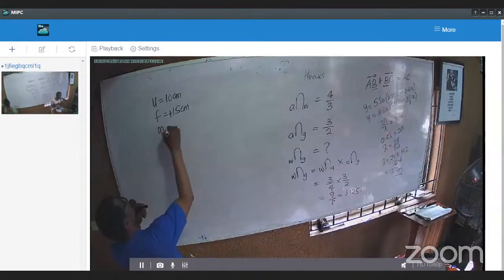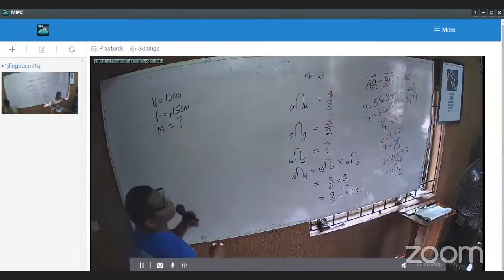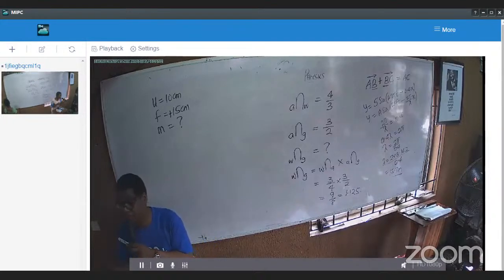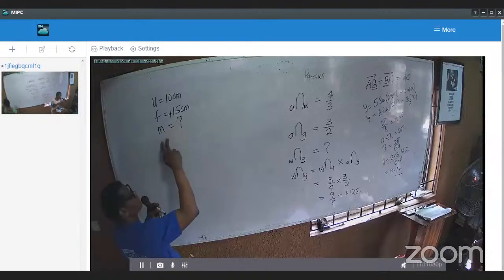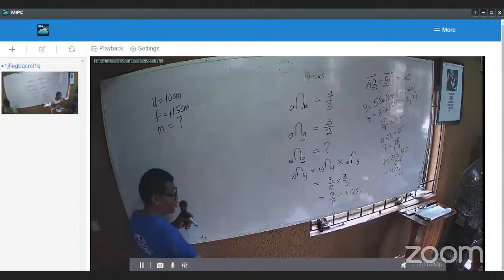Yeah, I want to find M. Now, common sense must tell you, number one, the image must be virtual and then magnified. Why? The object distance U is between the focus and the optical center. You can see U is less than F. So once you have that, M must be negative. If you don't get a negative answer, you are wrong. If your answer is not bigger than 1, you are also wrong.